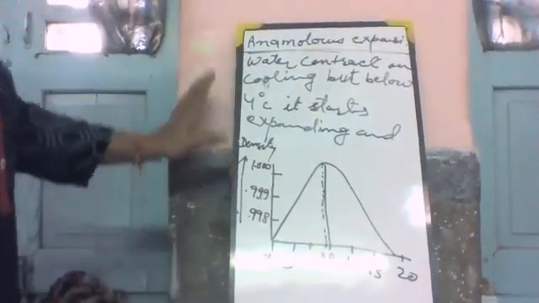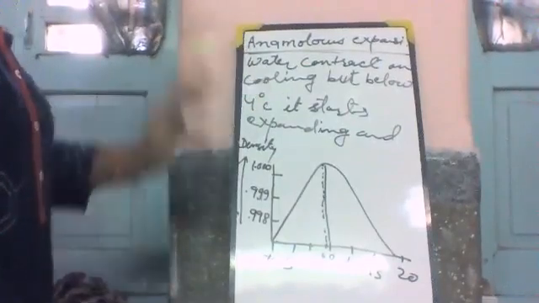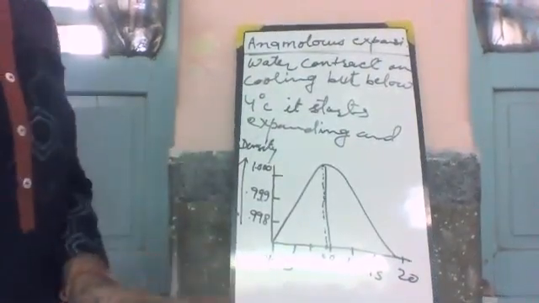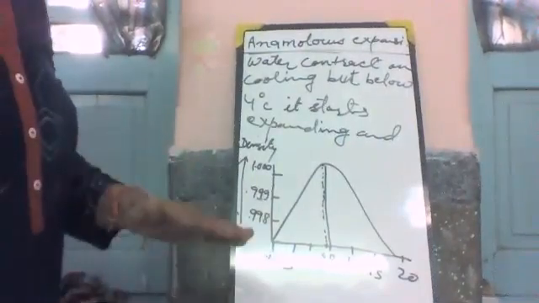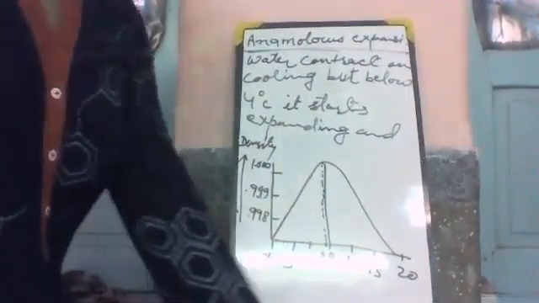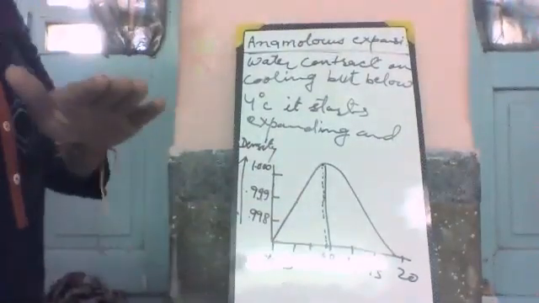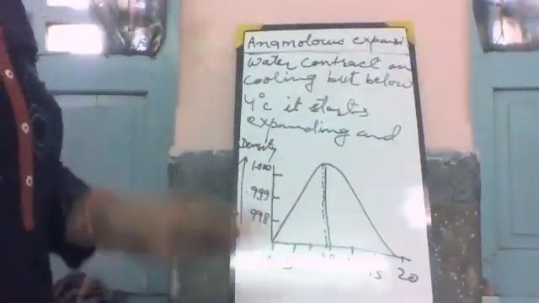Due to this anomalous property of water, marine life can survive under the water, because water has 0 degree temperature at the surface, but below the surface the water is at 4 degrees Celsius, and due to this water remains in liquid form, and all the marine life can survive easily in water.